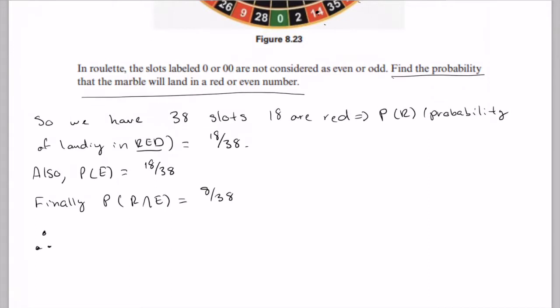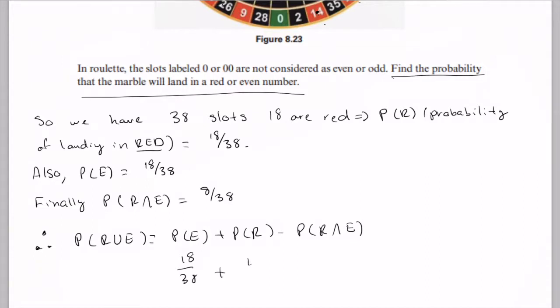Therefore, P(R union E) is equal to P(E) plus P(R) minus P(R intersection E). So that's going to be 18 out of 38 plus 18 out of 38 minus 8 over 38, which equals 14 out of 19.